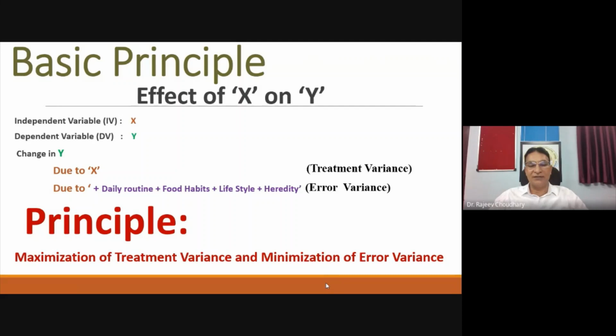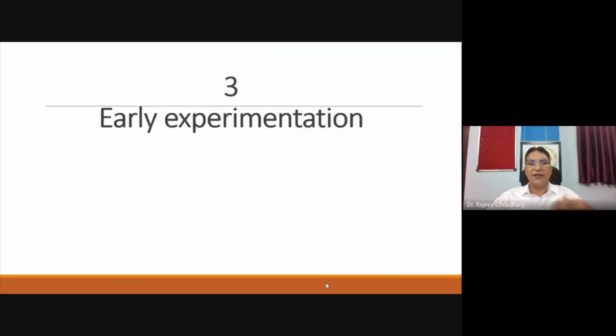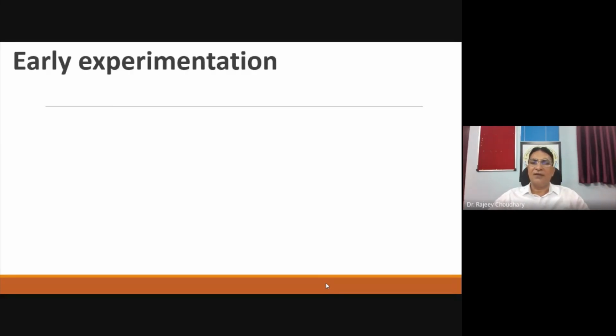Due to this reason, there is a concept of the level of significance. In science subjects, you conduct your studies at the 0.01 level of significance, and so on. So I will discuss three main, basic designs, and you will decide which design is best suited. In the next part, we will discuss early experimentation.